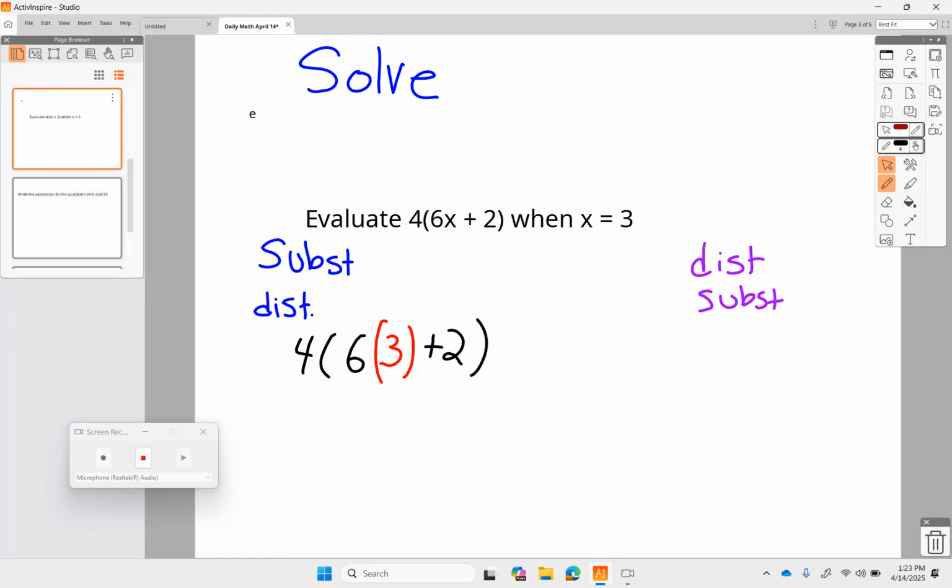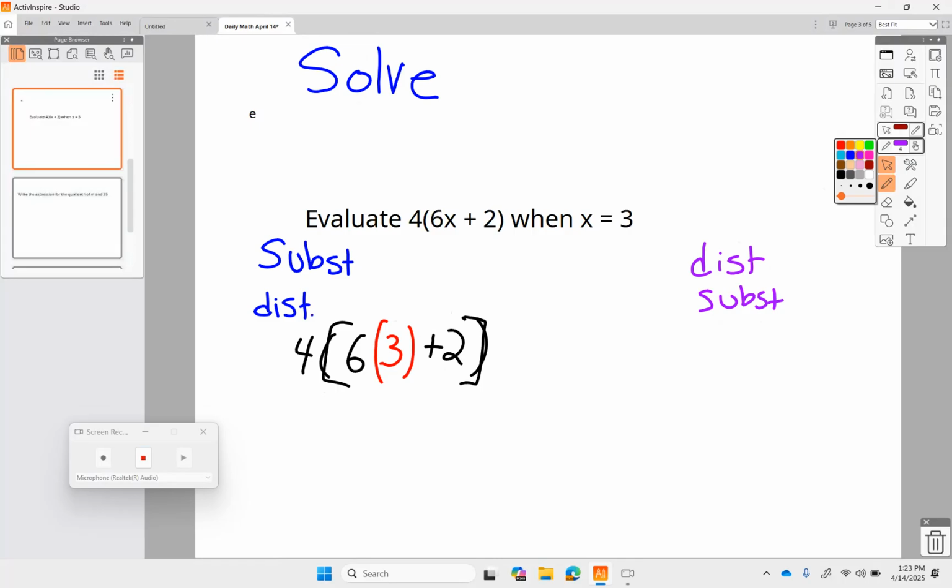Technically, these parentheses would become brackets, but I don't need to do all that. What I need to do now is my order of operations. Inside here I have multiplication and addition. This means this value times the variable.